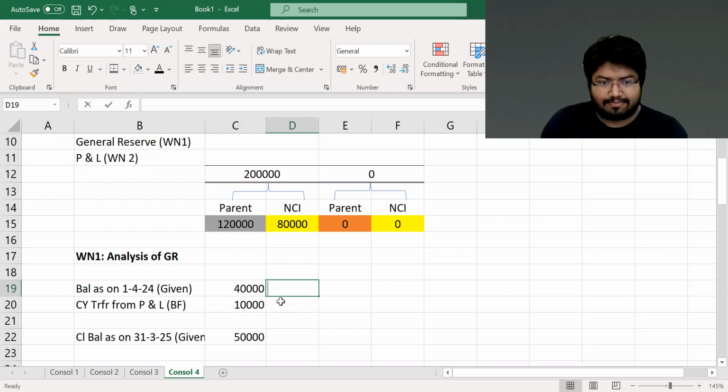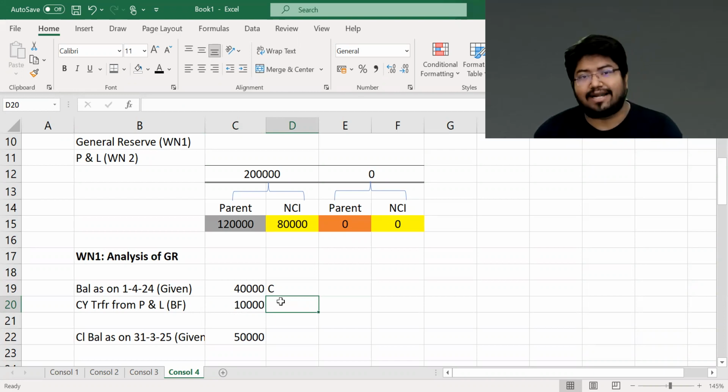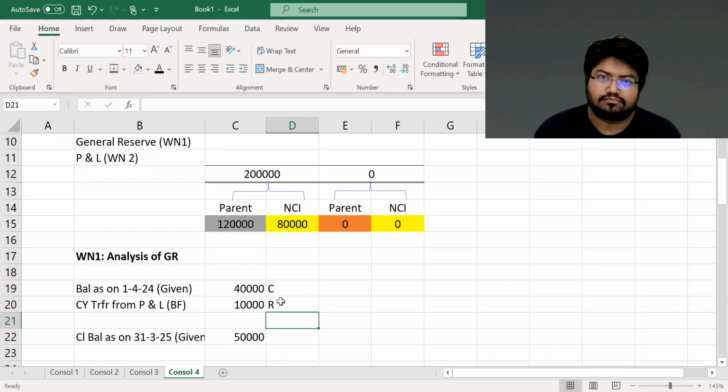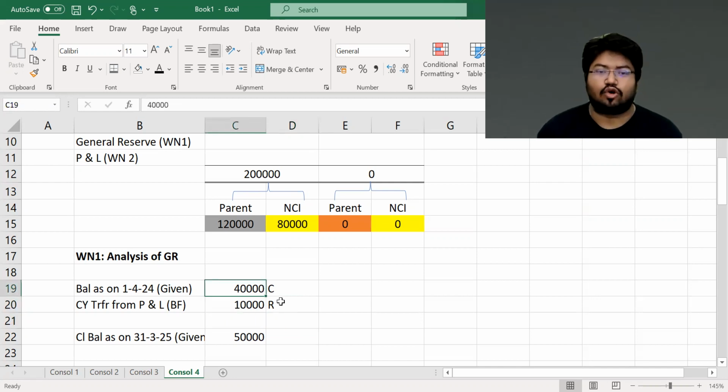Yes, sir. Hence mention C. This 10,000 of revenue profits is actually earned by the company and transferred after my date of control to general reserve. Hence, this is basically a revenue profit earned by the company. Agreed or not? Yes, sir. So it is 40,000 which should go to C side and 10,000 should go to R side.